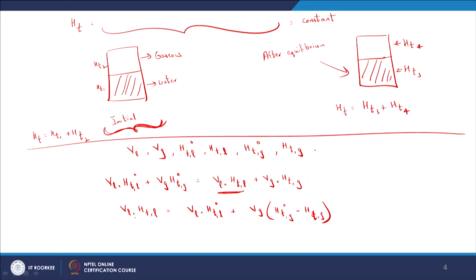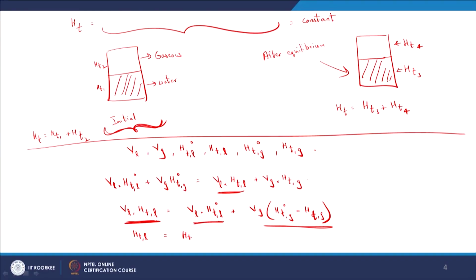So what does this mean? The H at equilibrium in the aqueous phase is that present initially plus the change in the H total in the gaseous phase. Let us try to understand what we just looked at. H total in the liquid phase after equilibrium will be equal to the H total in the liquid phase initially plus the change from gas to liquid that we are going to observe. It can either be positive or negative.